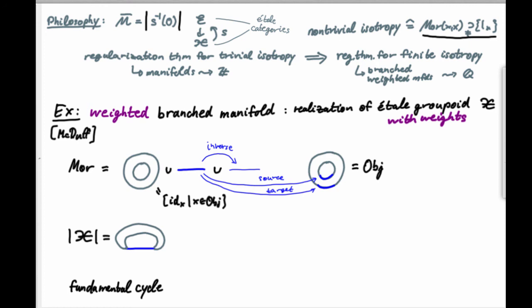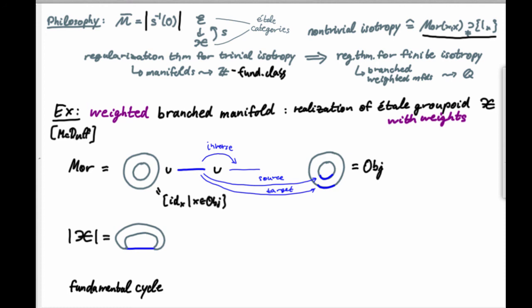And if we now have some decent enough regularization theorem when isotropy is trivial, so we get some sort of manifolds representing things, and we get an integer-valued fundamental class, then the groupoid language should allow you to get a regularization theorem for finite isotropy.